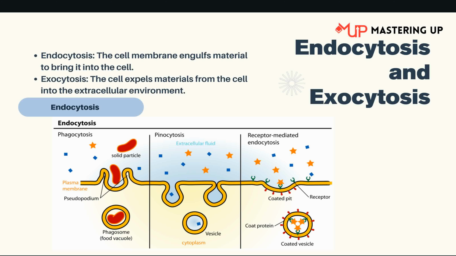Here is an illustration showing endocytosis, where you can see different types like phagocytosis, where solid particles are engulfed, pinocytosis, where fluid or liquid particles are engulfed, and then receptor mediated endocytosis, where the molecules are attached to the receptors, and then along with the receptors, the vesicle is formed.